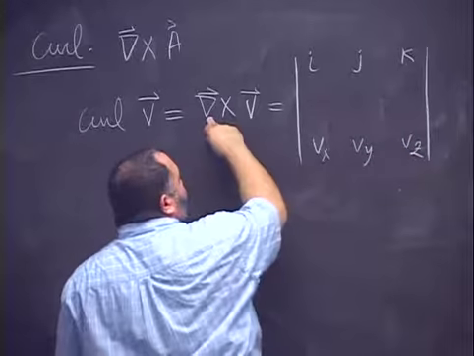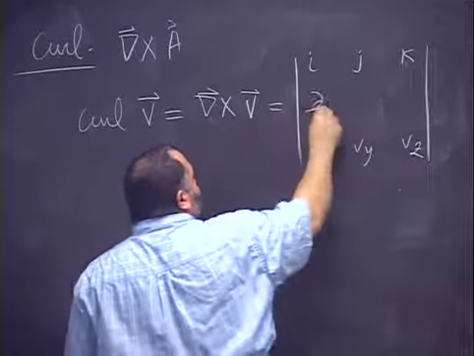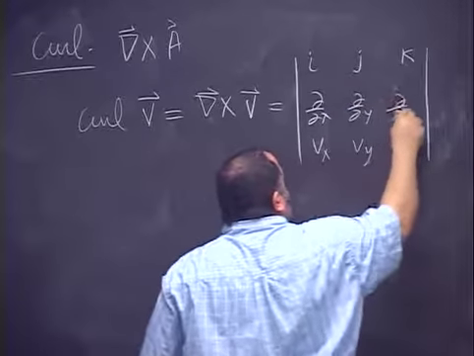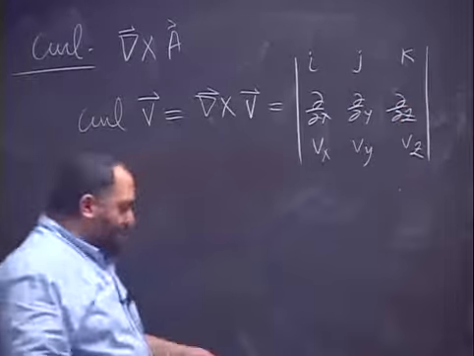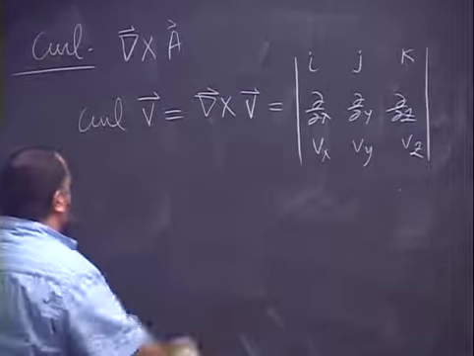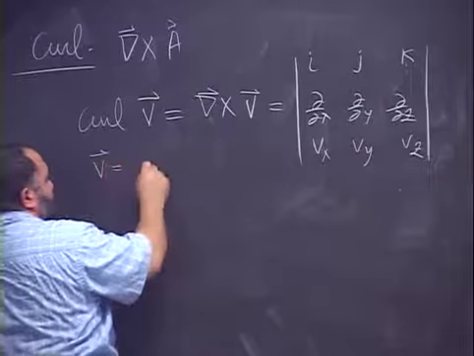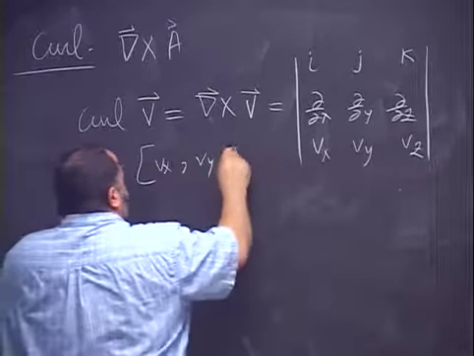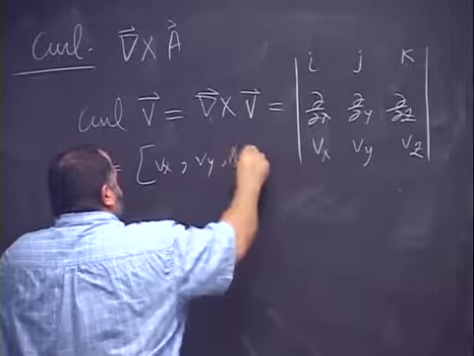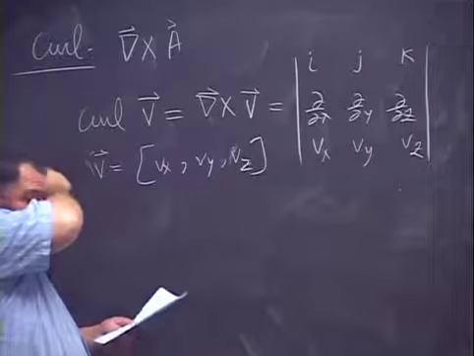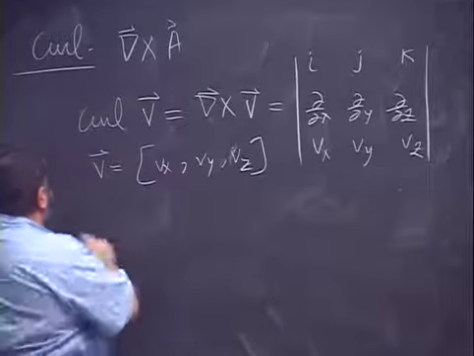What are the components of the del? d by dx, d by dy, and d by dz, where V is just Vx, Vy, and Vz. Okay, guys? What does it mean?